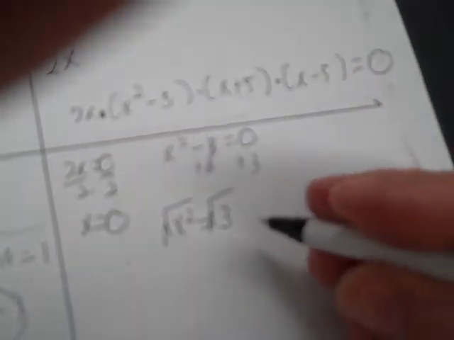So what did I have? I had 2x times x squared minus 3 times x plus 5 times x minus 5. Now solve them. 2x equals 0. 0 is answer number 1. x squared minus 3 equals 0. Okay, you need to do the square root.